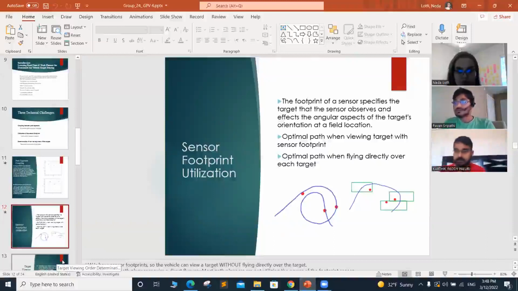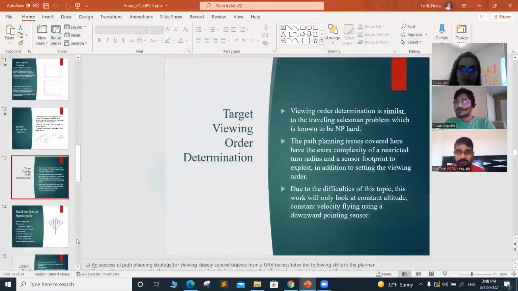So the next slide deals with target viewing order determination. Viewing order determination is similar to the traveling salesman problem, which is known to be NP-hard. The path planning issues covered here have the extra complexity of a restricted turn radius and a sensor footprint to exploit, in addition to setting the viewing order.